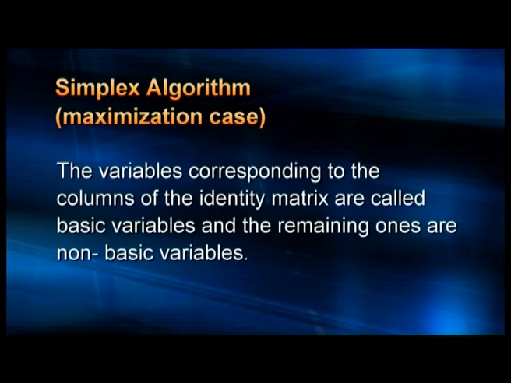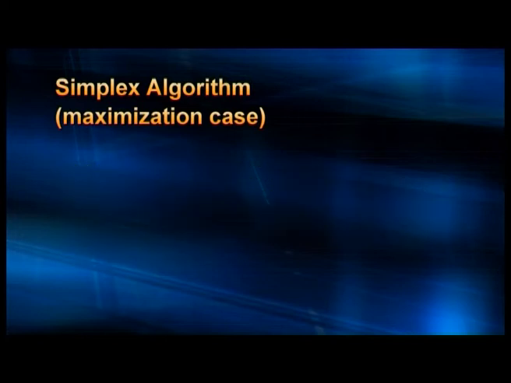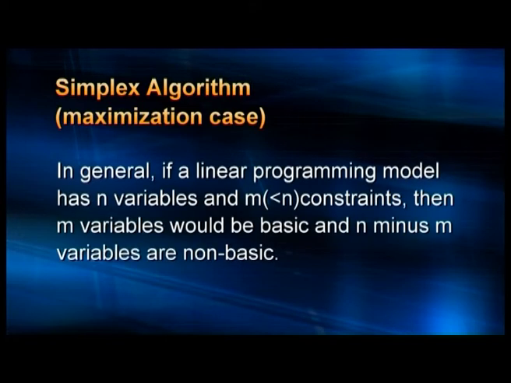The variables corresponding to the columns of the identity matrix are called basic variables and the remaining ones are non-basic variables. In general, if a linear programming model has n variables and m constraints, where m is less than n, then m variables would be basic and n minus m variables are non-basic.